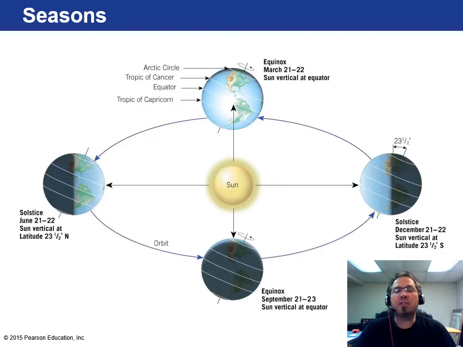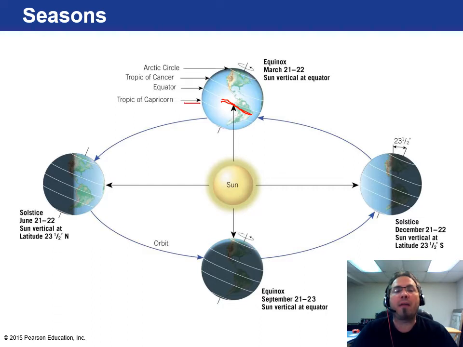So here's an image showing you the various angles and the lines that show you where the sun rays are concentrated. So if we look at the top image here, we'll start with the spring equinox. So this is where we have 12 hours a day, 12 hours a night here in the northern hemisphere. You can see the sun's rays are directly on the equator right here. You have the Tropic of Capricorn, which is 23 and a half degrees south.